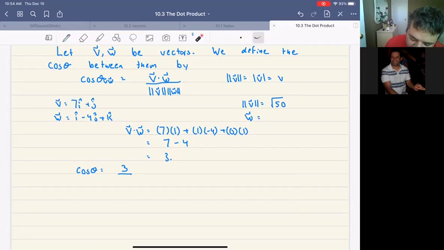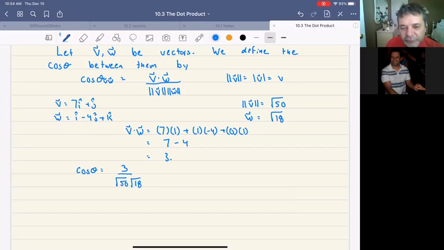Magnitude of W is going to be 1 plus 16 is 17, plus 1 is 18, the square root of 18. Okay, and that'll give you the angle between them. So the angle between them is the inverse cosine of 3 over the square root of 50, square root of 18. Okay?